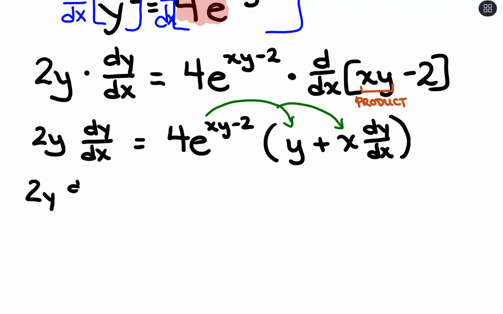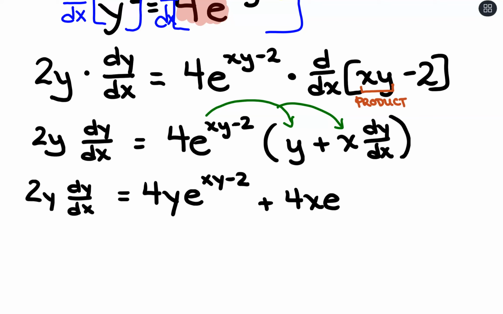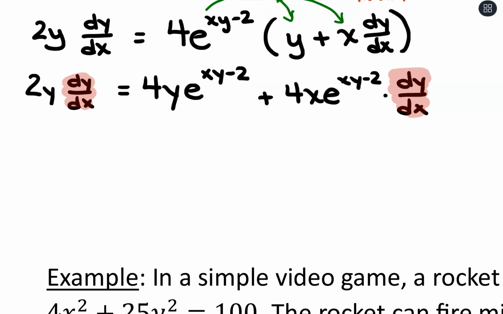Then we could start grouping things together. So let's see, 4 times y e to the xy minus 2 plus 4x e to the xy minus 2 times dy/dx. Okay, so there's a dy/dx. Here's another one, so I want those together on one side of the equation.